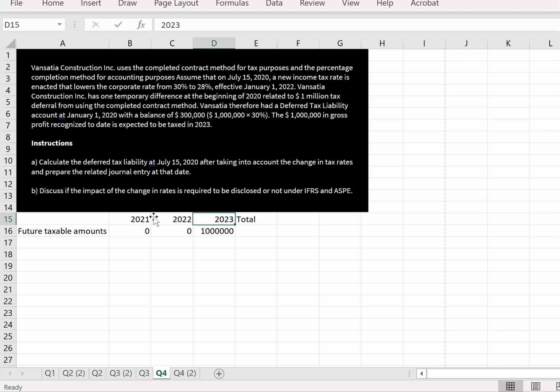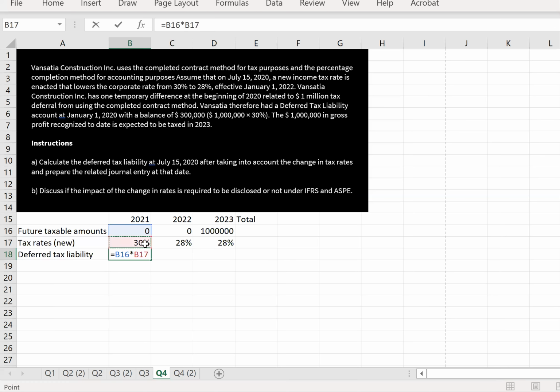Okay. So what we need to do here is put the new tax rates. The tax rate here was 30%, and it's expected to change to 28% effective January 1st, 2022. So here I'm going to change it to 28, and of course here it's going to be 28. So my deferred tax liability is going to be the taxable amount times the tax rate.